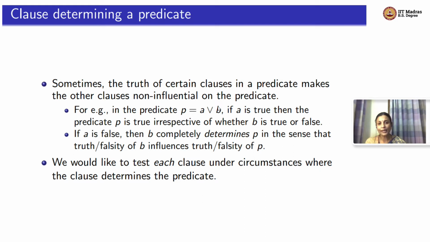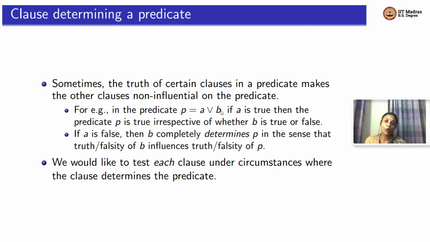So B in some sense has no influence on the truth or falsity of the predicate P when the clause A is true. On the other hand, suppose the clause A is false, then we can say that the truth or falsity of B completely determines the truth or falsity of the predicate P. A is false, let it be. P is A or B.